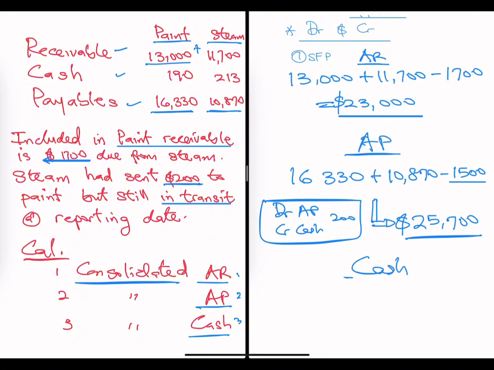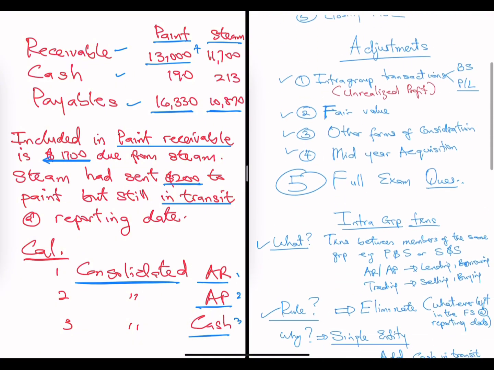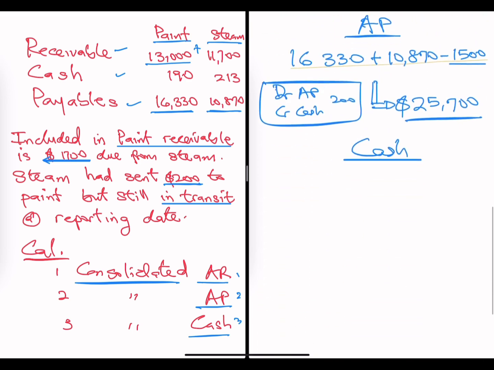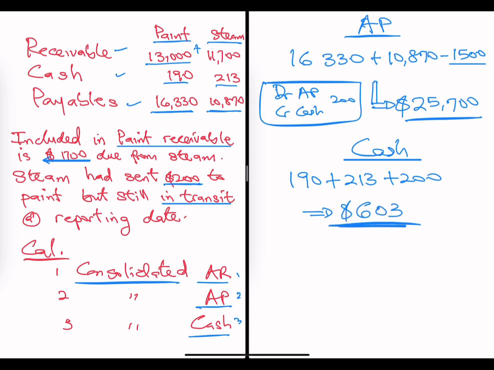I told you whenever you have cash in transit, the rule is that you add to destination straight away, like you're going to fast track the delivery of that cash. So you add these together and also you add the cash that is coming: 213 plus 200. All of that will give us 413 plus 190, that is 603. And that is the cash.